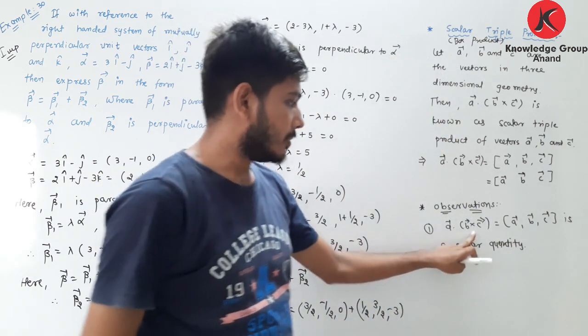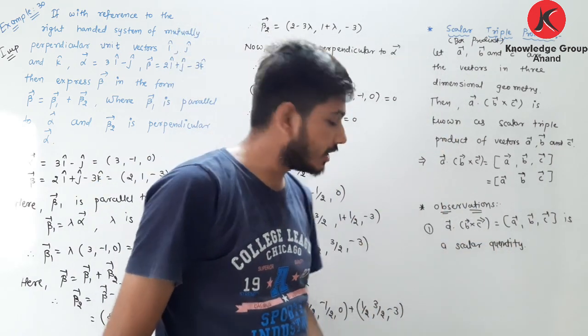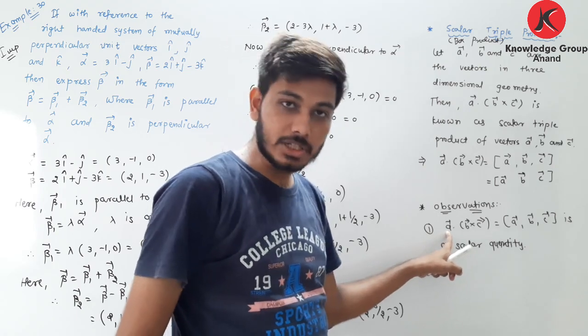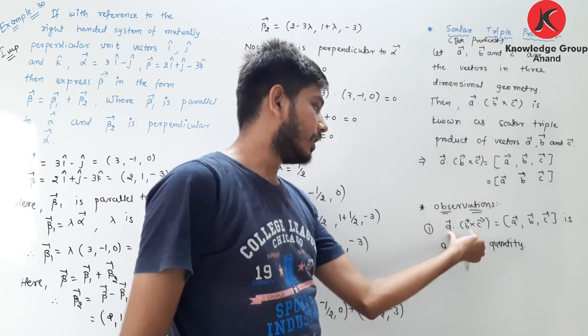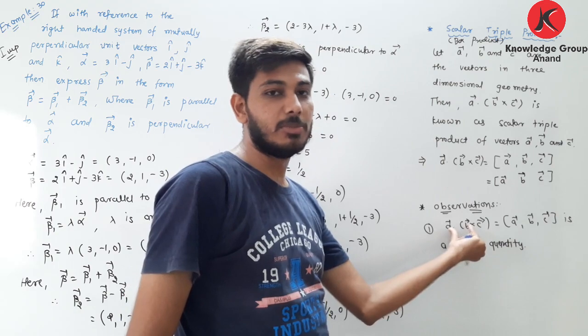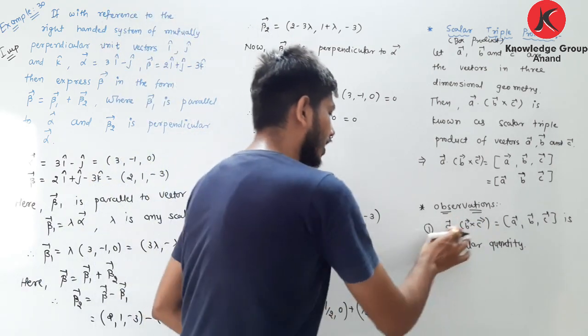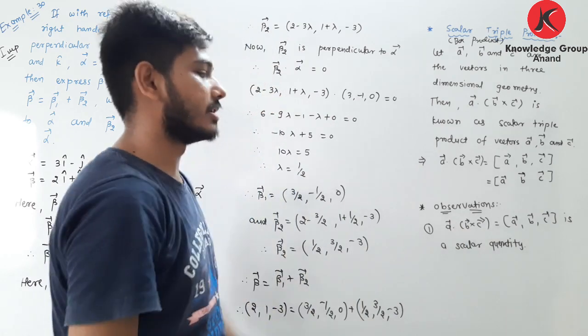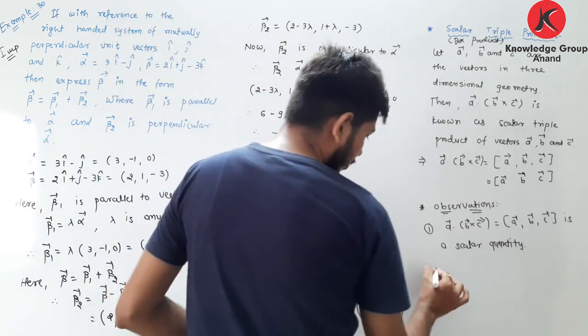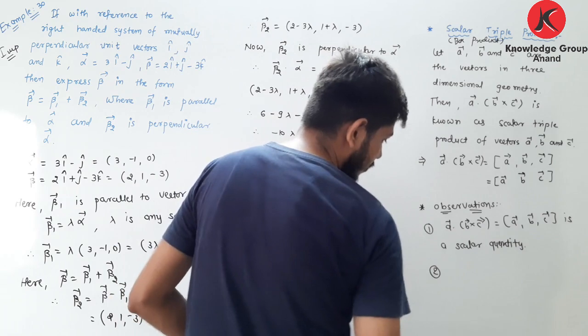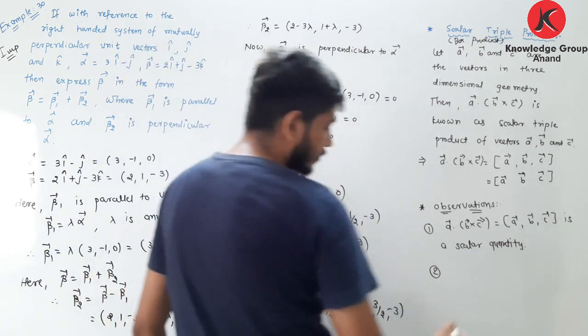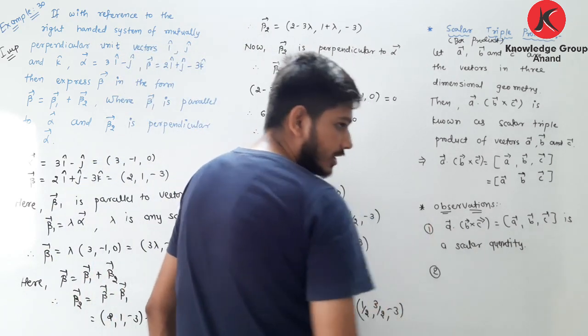See, B bar cross C bar is a vector quantity, and A bar is a vector quantity. If we take A bar dot B bar cross C bar, a dot product means our result is a scalar quantity. Therefore the answer will represent some number, so the answer will come in the form of a number. This is the scalar property.